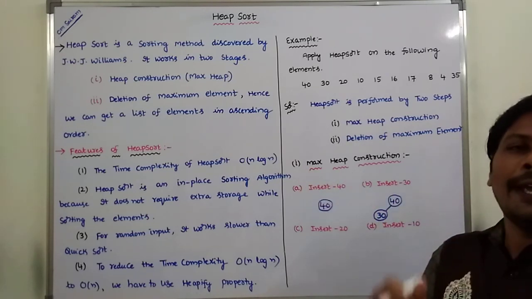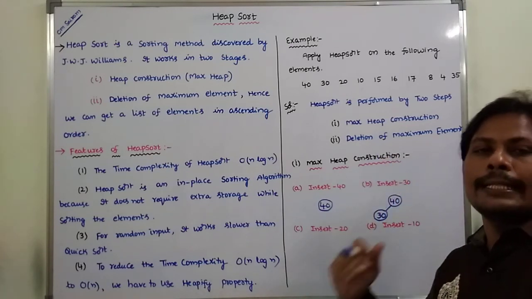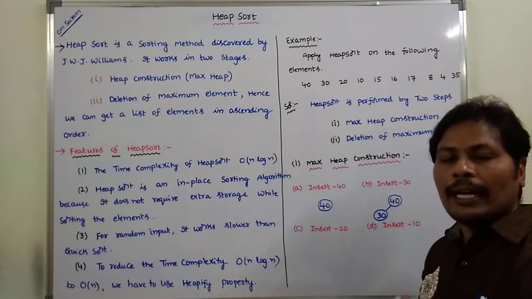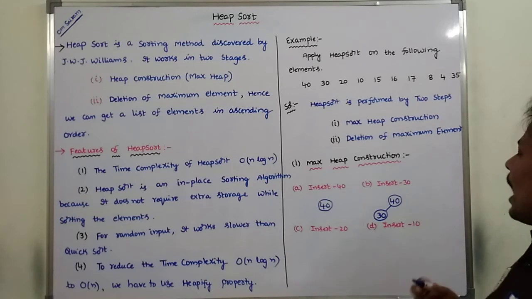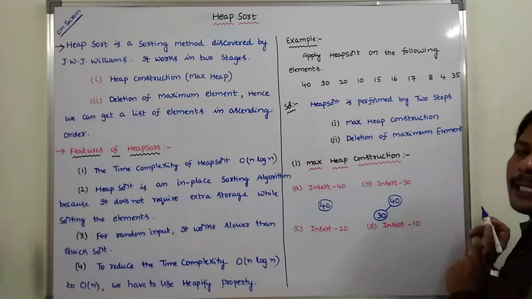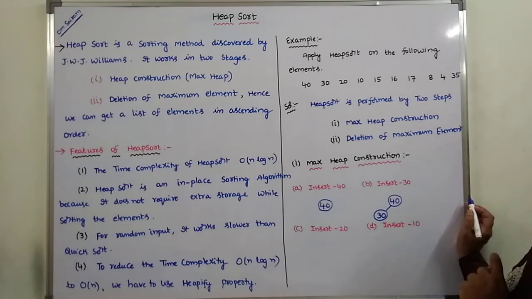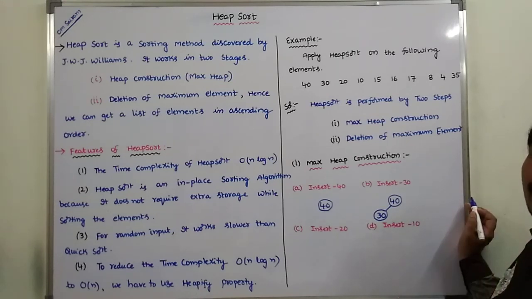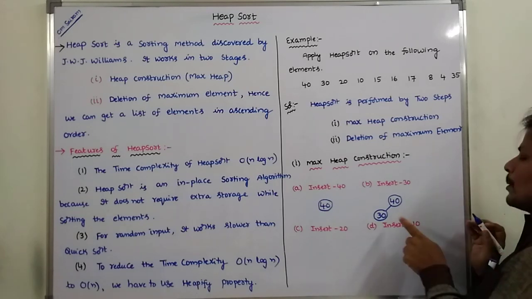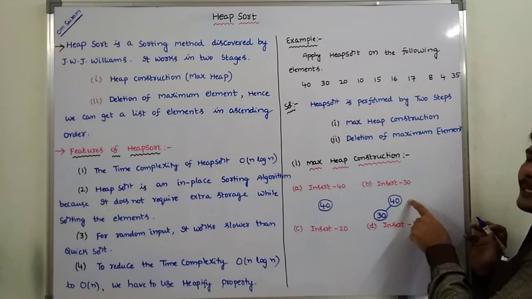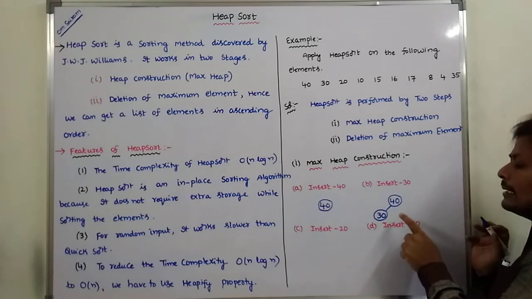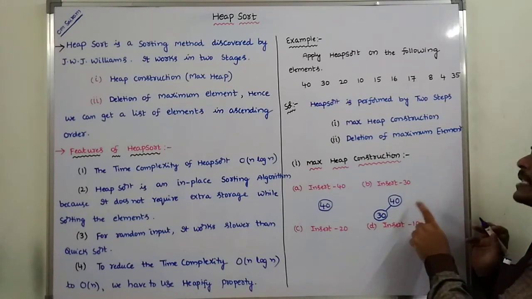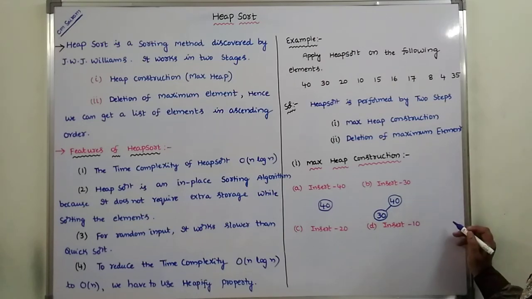If it is not vacant, then we insert at the right-hand side of the root node. Now does it satisfy the maximum heap property? What is the maximum heap property? The parent node's value is always greater than its child node value. Here 30's parent is 40, and 40 is greater than 30. So it satisfies the maximum heap property.